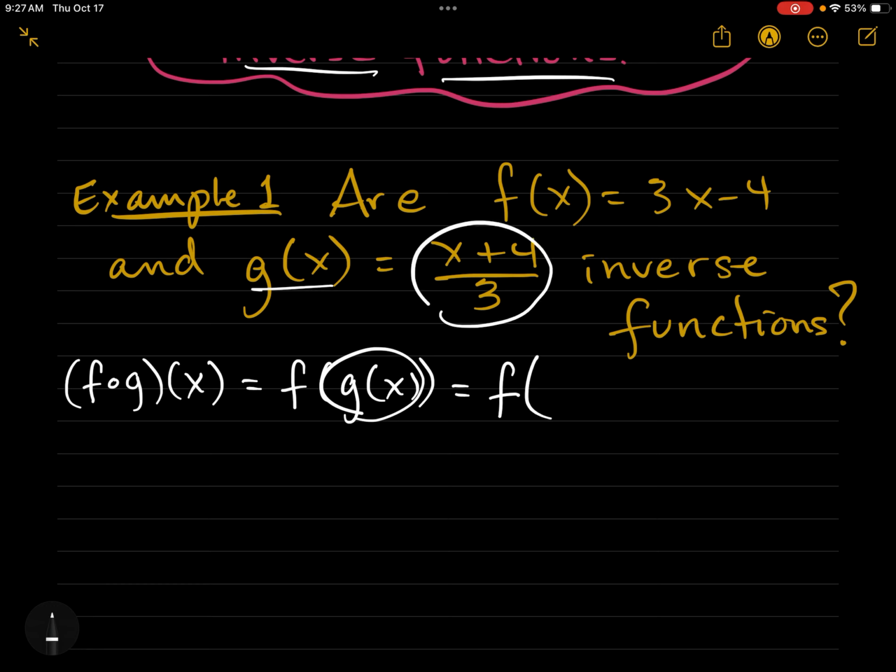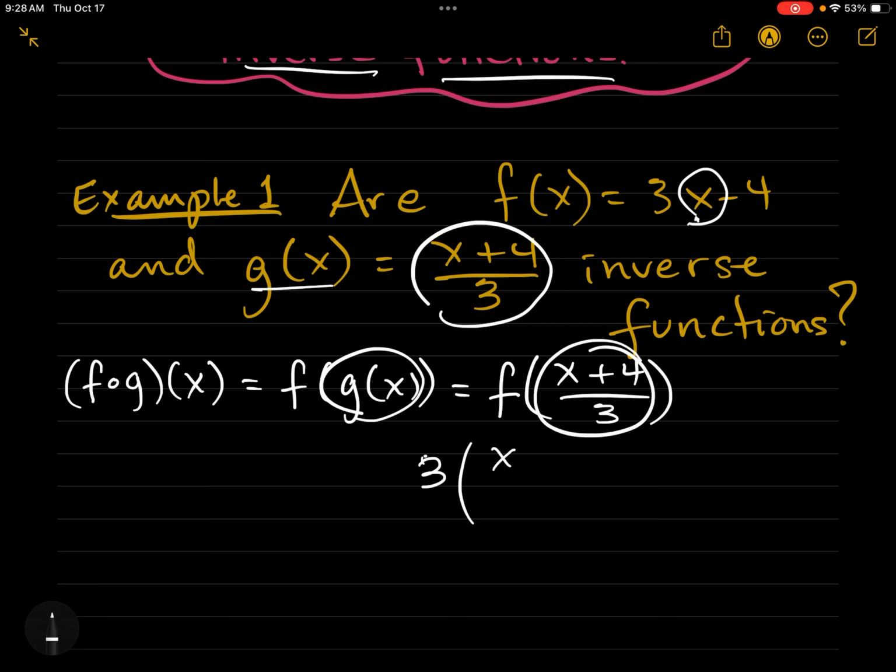So g of x is all of this. And now we go to the f of x machine and substitute all of this in for the x. If this equals x, then we've completed the first half of the test.